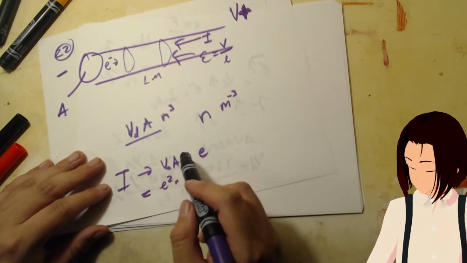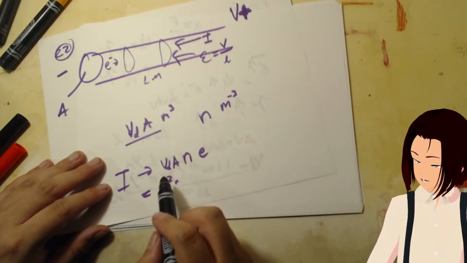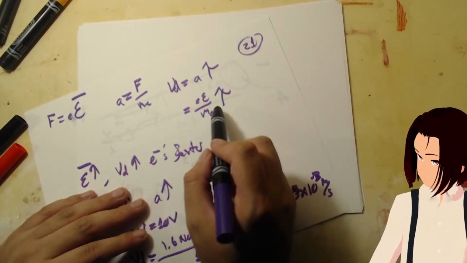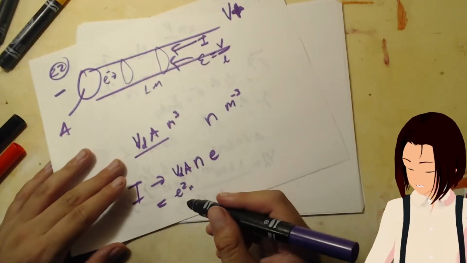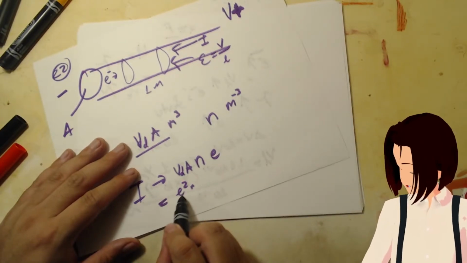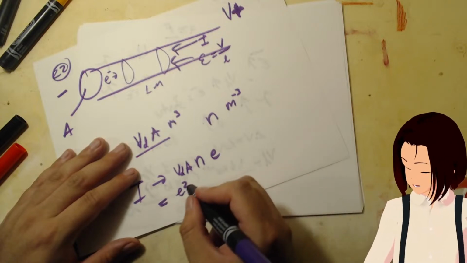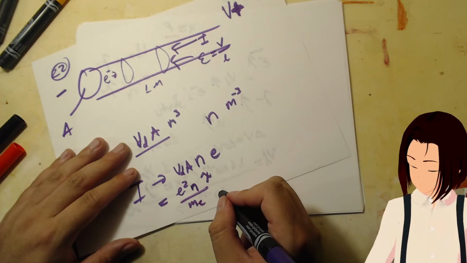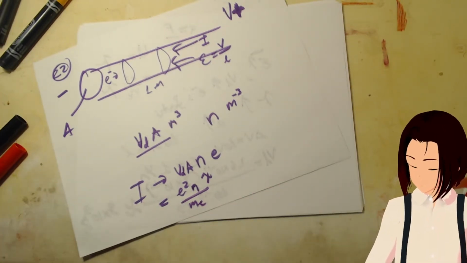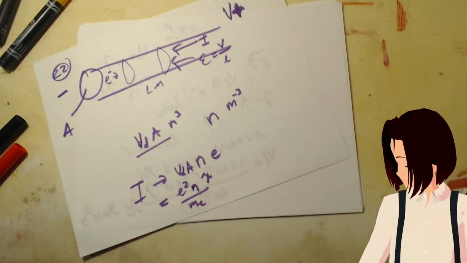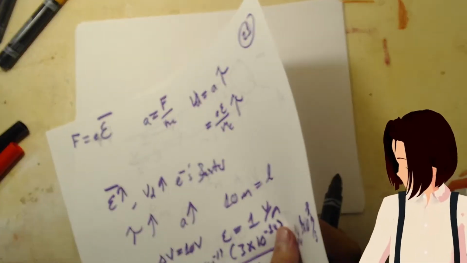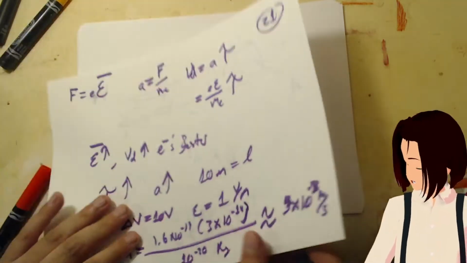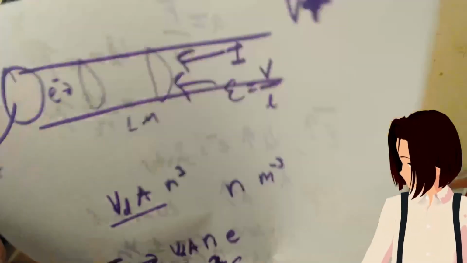If we take v_d, the drift velocity, and substitute it in, we can rewrite current as the charge squared, because the same number appears twice, times n, tau, over the mass of an electron, and the E, because E is right there. Okay, so this is it.